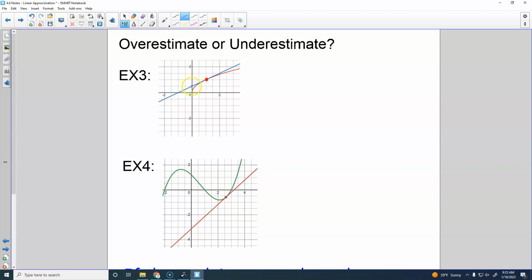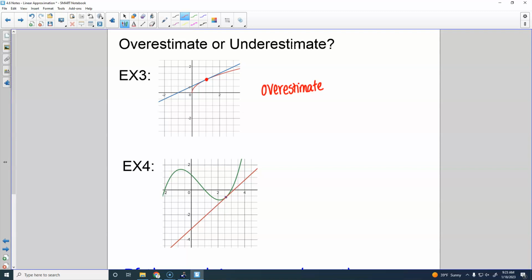Are the estimates that I get using this blue line going to be an overestimate or an underestimate? Overestimate. And we know that because that blue line is above the actual graph that we're looking at.